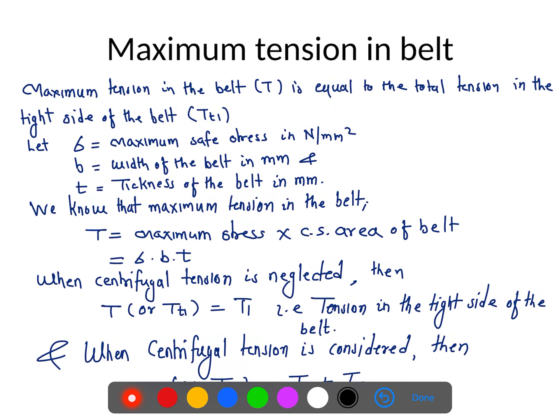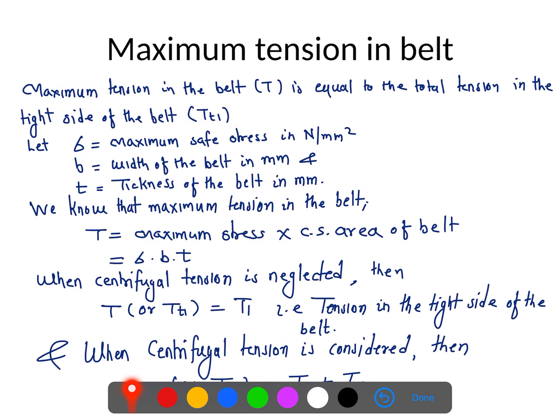Let sigma be the maximum stress in newtons per mm square, because whatever maximum tension the belt can sustain depends on the maximum stress, and thus on what material we are using. b is the width of the belt in millimeters, and t is the thickness of the belt in millimeters.